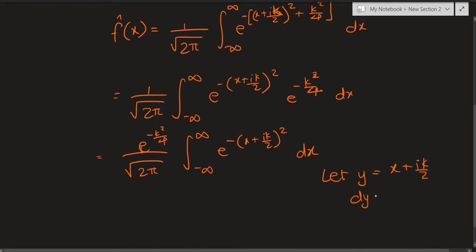So dy is nothing but dx, since the derivative of ik over 2 is going to be 0 because it's a constant with respect to x.